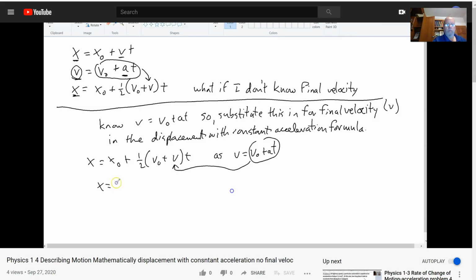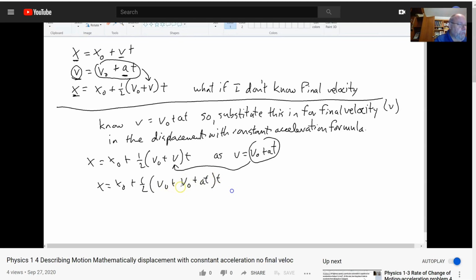And this is going to give me x equals x0 plus 1/2 (V0 plus V0 plus at) times t. Okay, now I can simplify this.